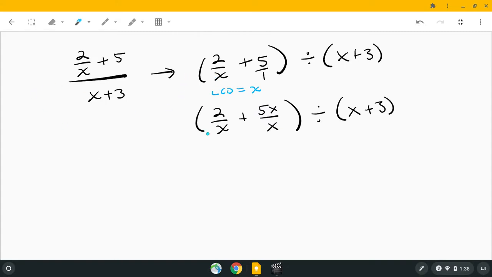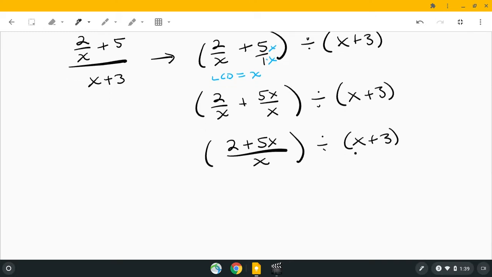This one already looks like the LCD. This one I need to multiply by x over x. Now I can add these because they have like denominators. So I get 2 plus 5x all over x, divided by x plus 3.